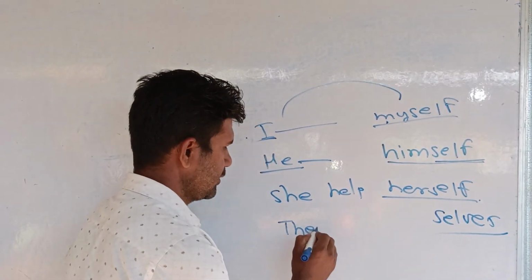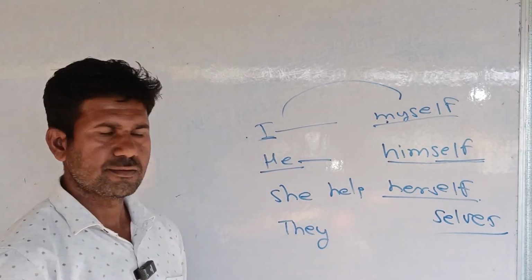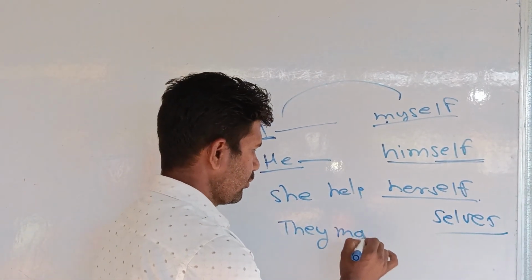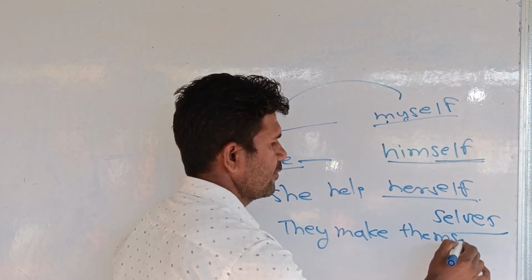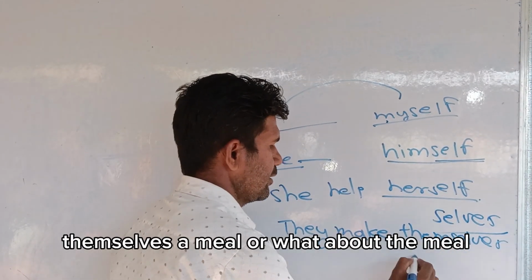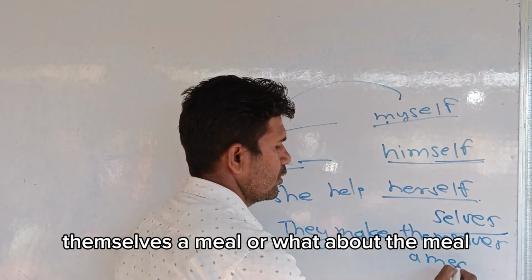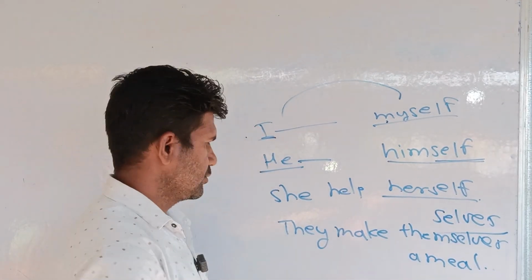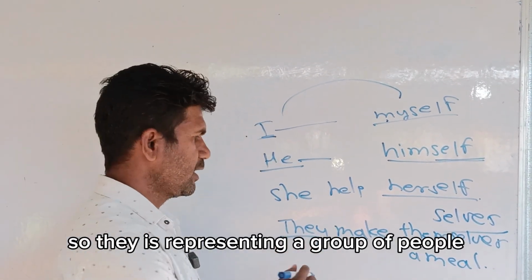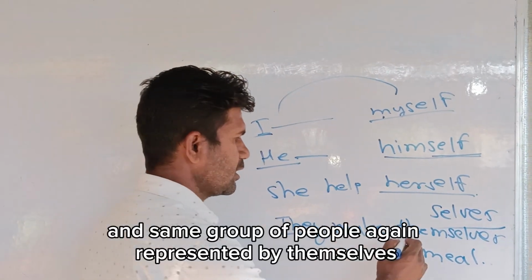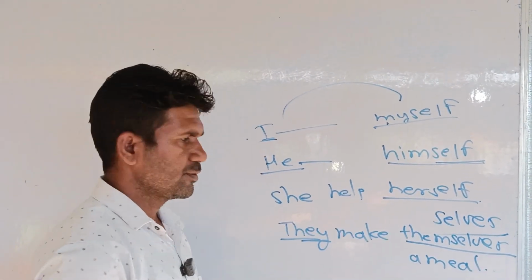They make themselves a meal, or whatever they made. So they is representing a group of people, and the same group of people is again represented by themselves.